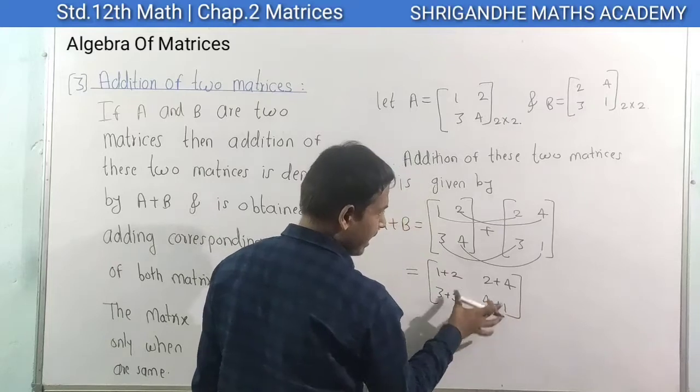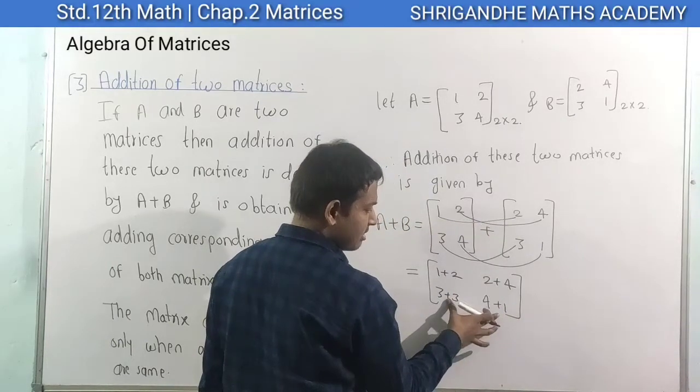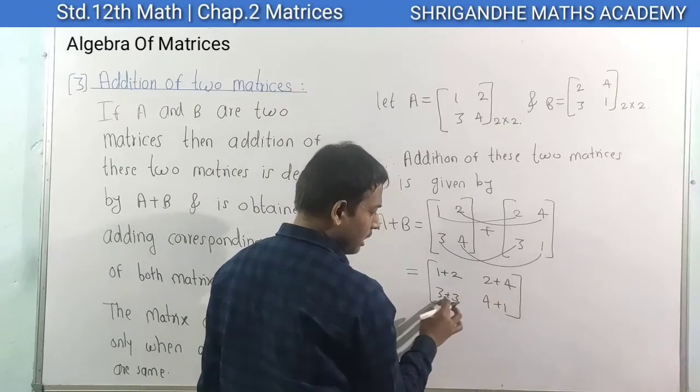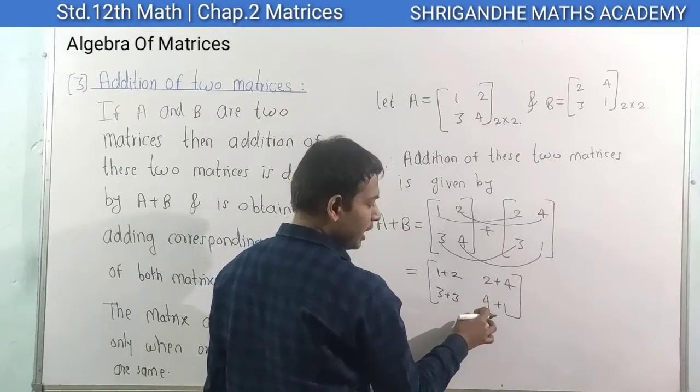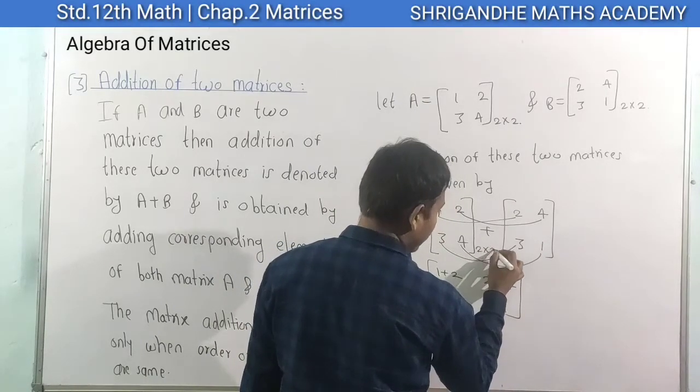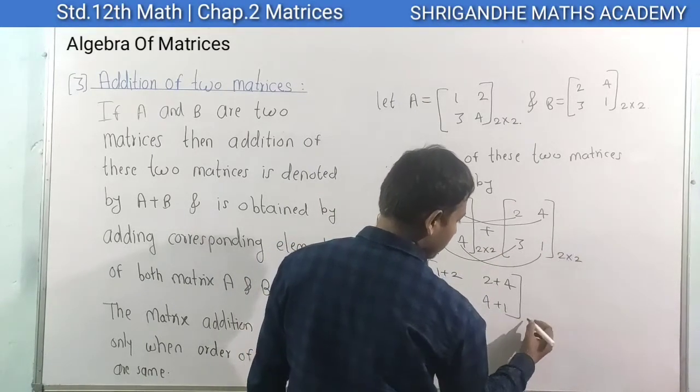That is, here we add the corresponding elements of both matrices: A11 plus A11, A12 plus A12, A21 plus A21, A22 plus A22. Now this is of order 2 by 2.